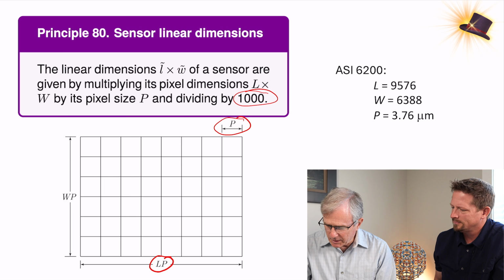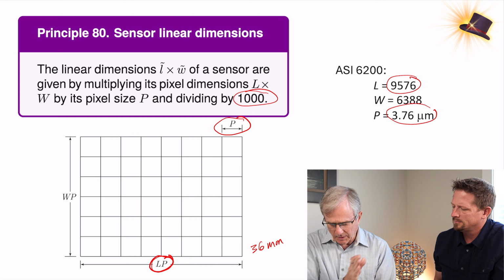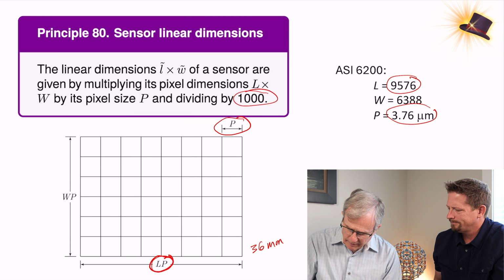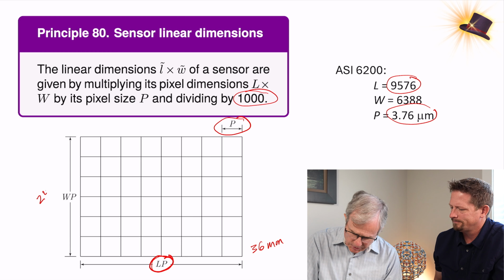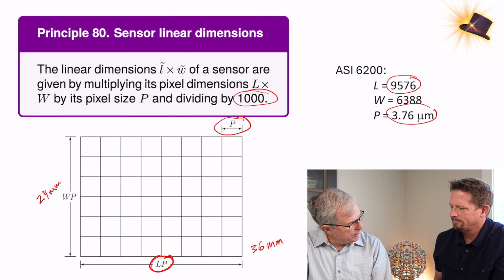If you do that calculation for our particular sensor, multiply L by P, and then divide by 1,000, you get 36 millimeters in the horizontal direction. Then you do the same in the vertical direction, and you get 24 millimeters, or something close to that. That's how you figure those linear dimensions out.